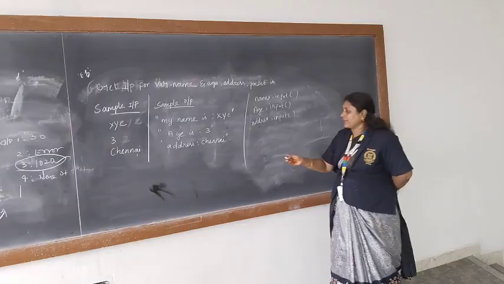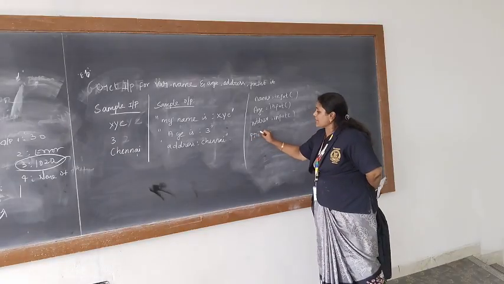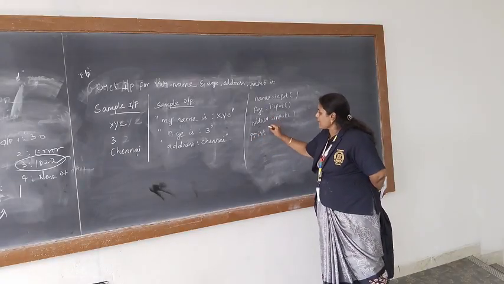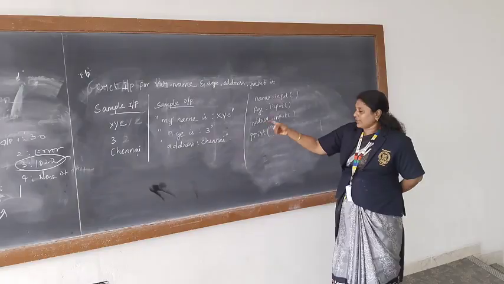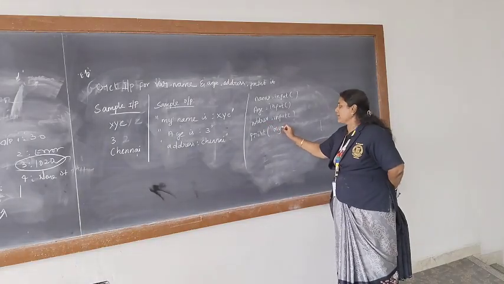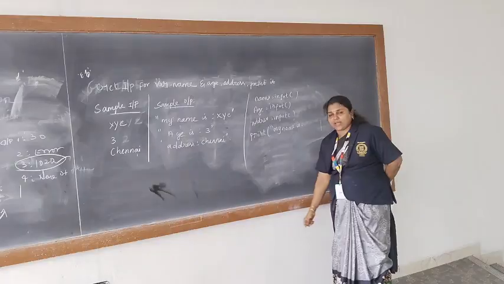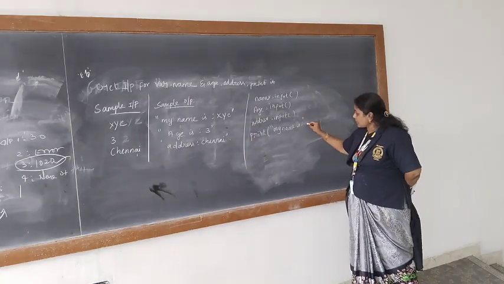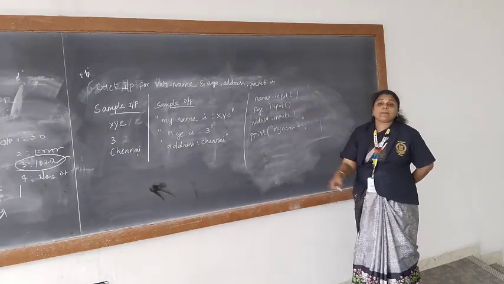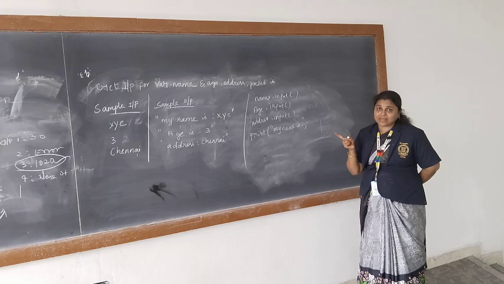You have to print the statement, right? So using 3 print statements. So print of name. So which statement is given? My name. And the same thing we have to write here. Okay. So in this put comma, which variable we are going to call? That is variable name as name.